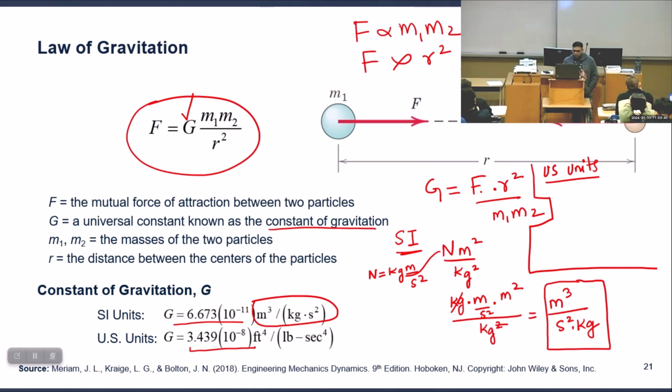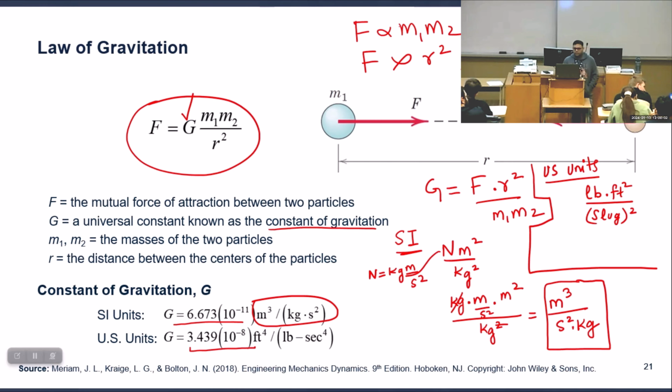So force will be in pounds, R will be in feet, so it will be feet square, right, divided by m1 m2, and mass is in slug in US units, so it will be slug square, right? So pound feet square divided by slug square.